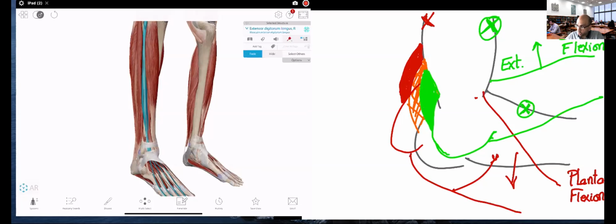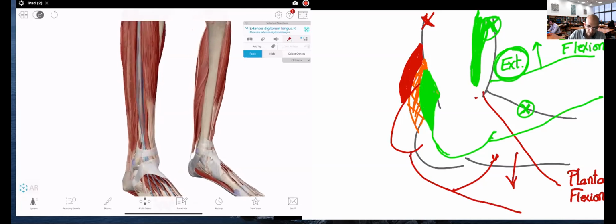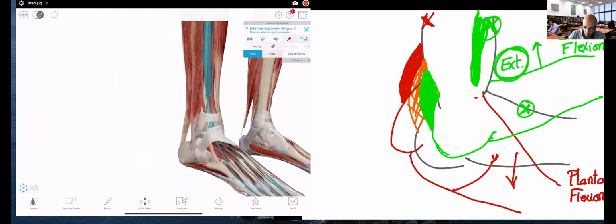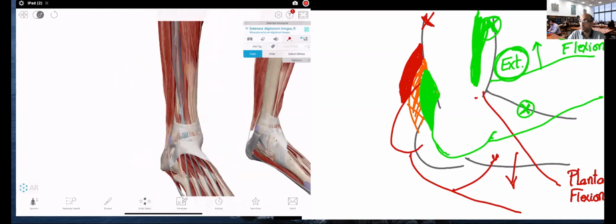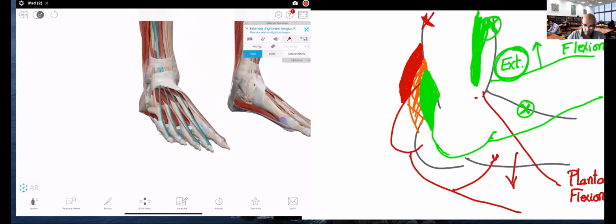So having a muscle on here, will it be an extensor or a flexor? What do you think? In the anterior aspect of the leg, it's going to be an extensor. So if I have an extensor with 4 tendons going towards the lateral 4 toes, as you see on here, what movement is this muscle allowing?